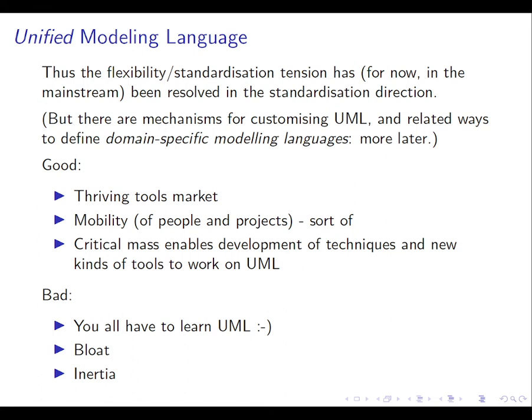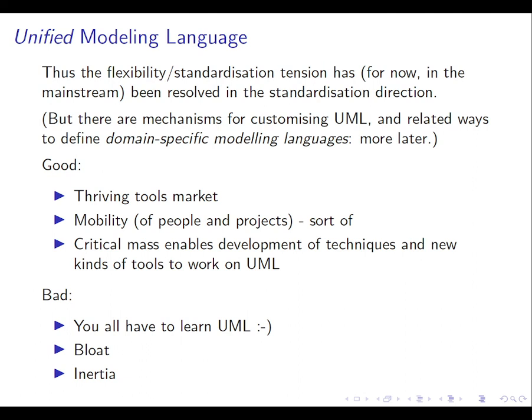We get a certain amount of mobility, both of people and of projects, although because the language is not perfect for all purposes, and because it's not perfectly precise, we don't get quite as much mobility as we might have expected. UML is used differently in different projects, and moving your project from one UML tool to another is, despite attempts at standardization of formats and so on, not nearly as easy as we might once have hoped it would be.